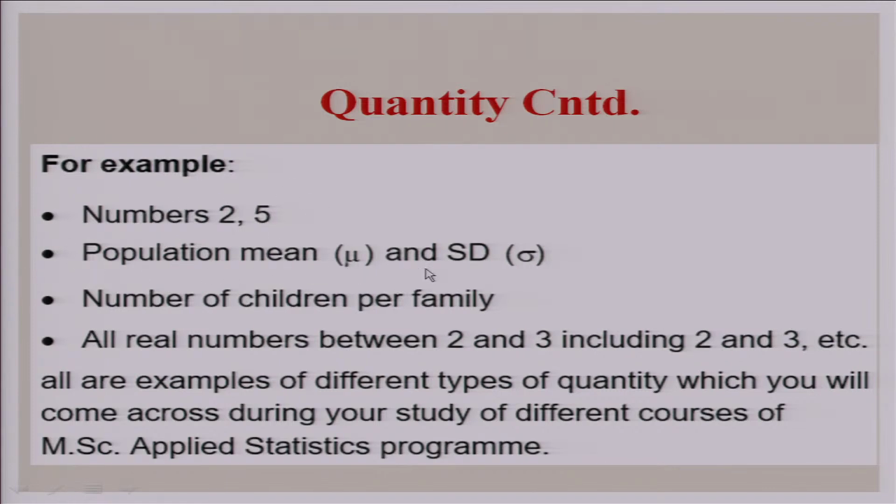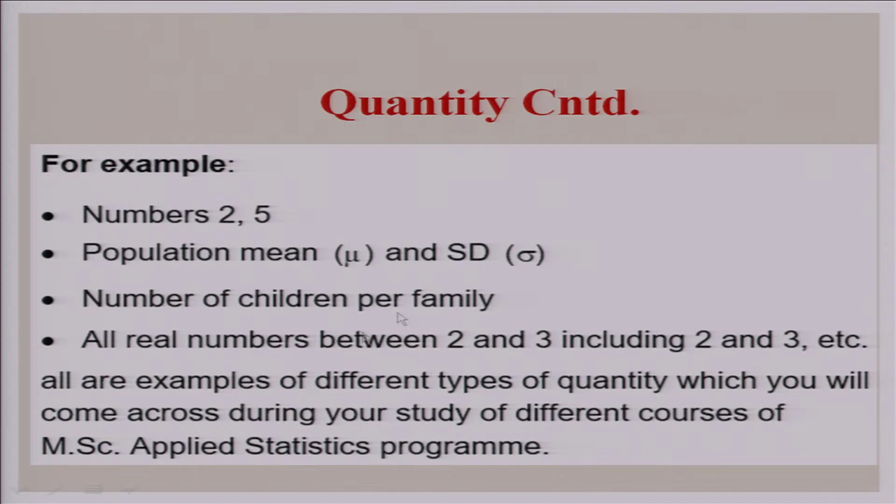Population mean, because in other courses of this program you will use population mean, population standard deviation, and population variance many times. All those also come under the category of quantity. We will discuss why. Number of children per family, because the number of children in a family may be 0, maybe 1, maybe 2, maybe 3.